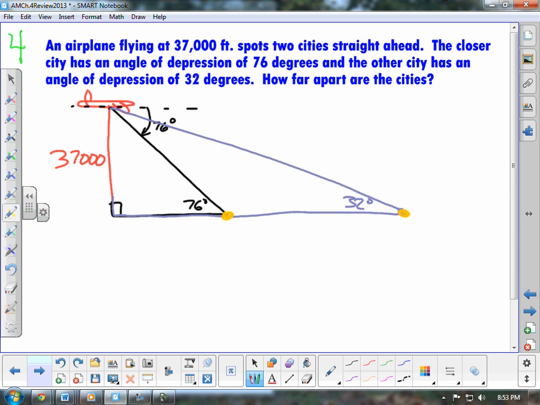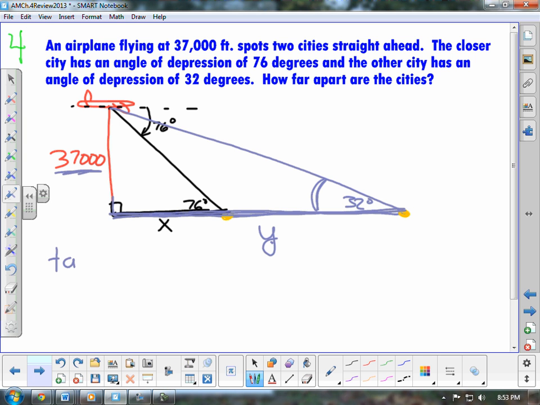So we are going to have to do 2 separate problems here. First, figure out this distance. We will call it x. And we will also have to figure out this distance, which we will call y. And so let's figure out the long one first. And we have this angle. We know this side. We're trying to find y.